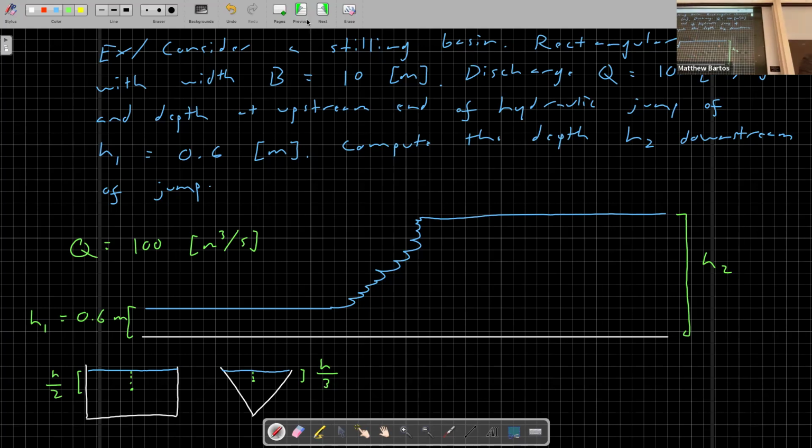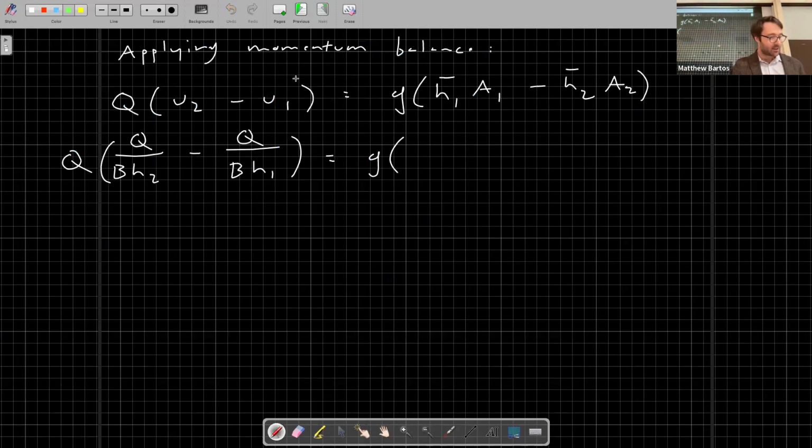All right, good questions. So let's go ahead and finish up here. For a rectangular channel, this centroidal height will be h1/2, times A1, which is the bottom width times H1, minus H2/2 times B times H2.